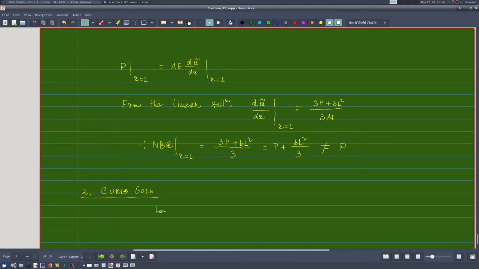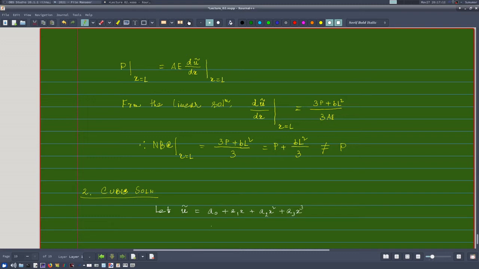So let u tilde be a0 plus a1x. Remember, we must take a complete polynomial. So a2x square plus a3x cube.